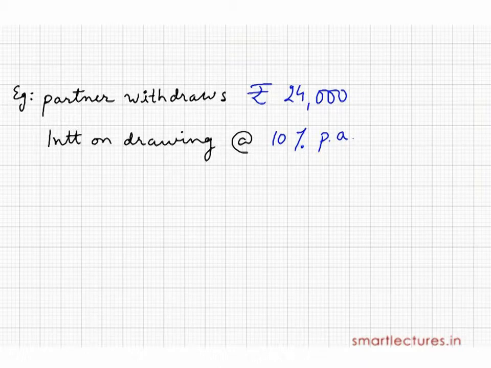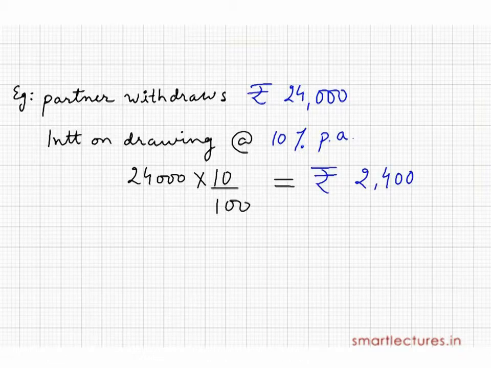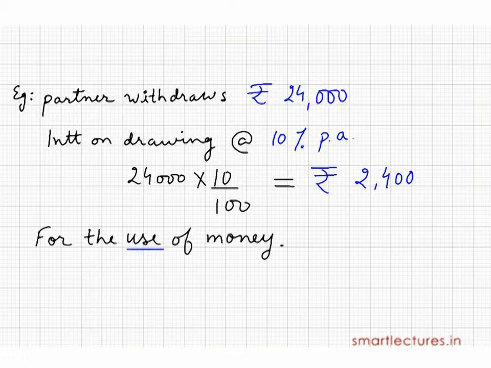So it's a very simple thing. 10% of the 24,000 rupees means 24,000 into 10 upon 100, that will be 2,400 rupees. It's a very common thing.